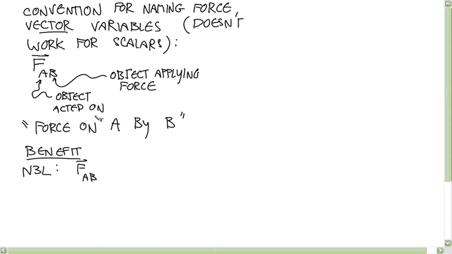But if you're doing it this way, it'll never be tricky again. F_AB is equal to negative F_BA. That's the only way we're going to deal with Newton's third law in this whole class, and that's the only way you have to do it from now on. So that says the force on body A by body B is equal and opposite to the force on body B by body A.